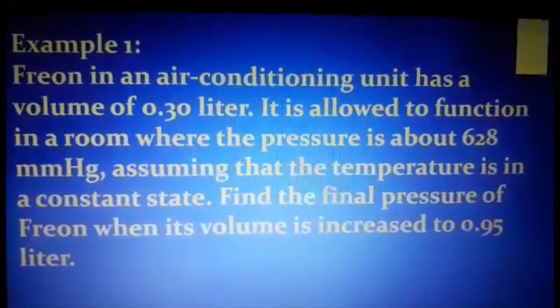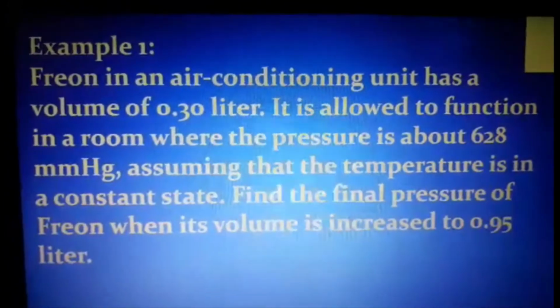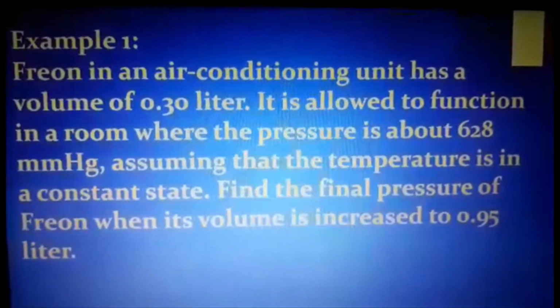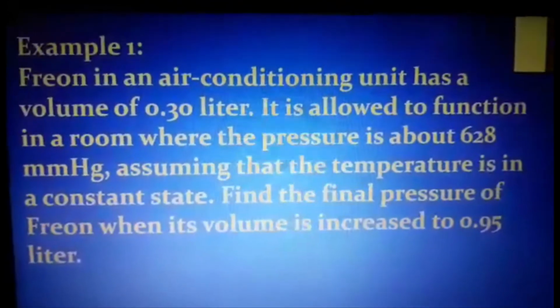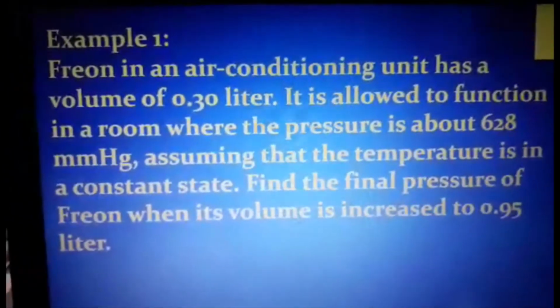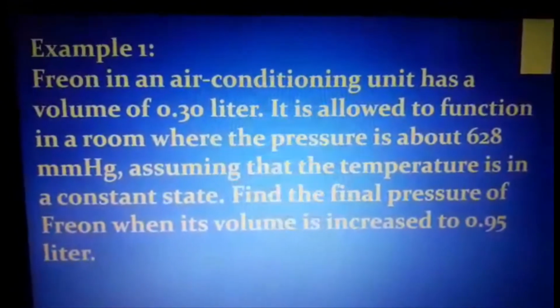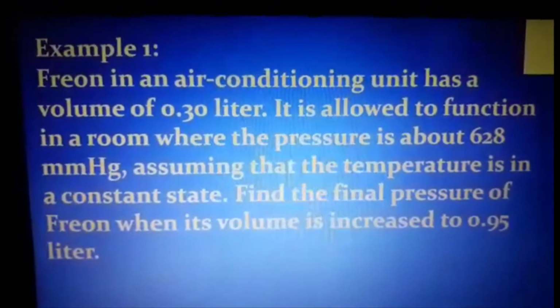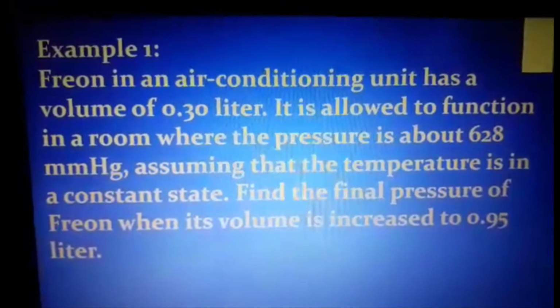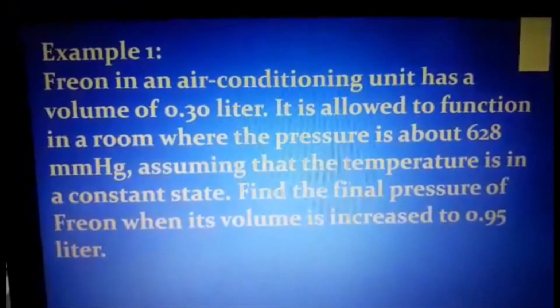Freon in an air conditioning unit has a volume of 0.30 liters. It is allowed to function in a room where the pressure is about 628 millimeters of mercury, assuming that the temperature is constant. Find the final pressure of Freon when its volume is increased to 0.95 liters.